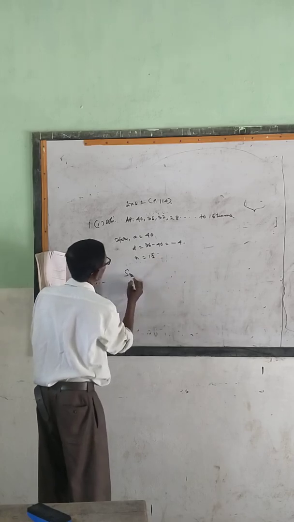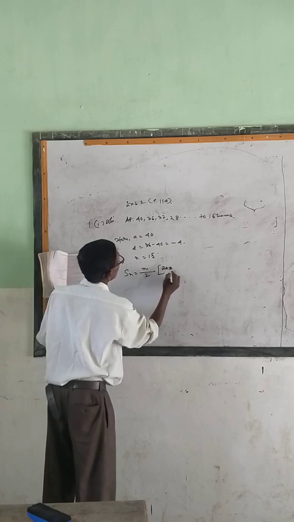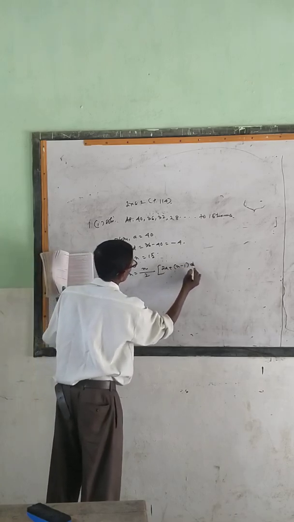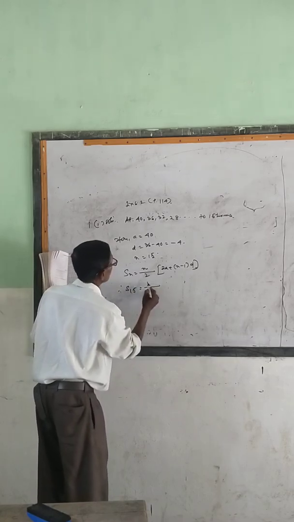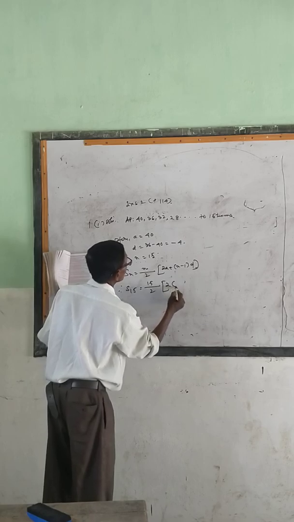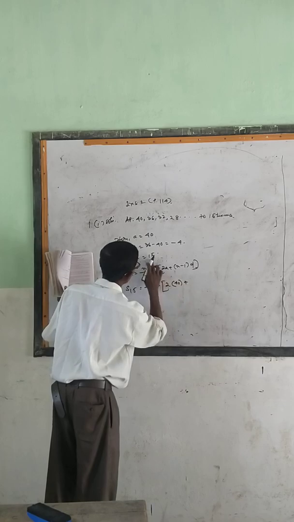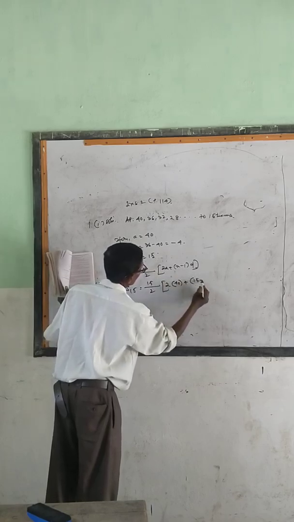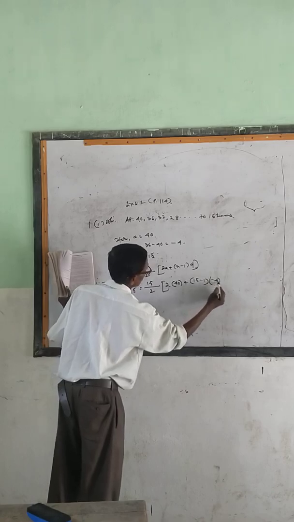We know that Sn equals n by 2 times (twice a plus (n - 1)d), just now established. So it is 15 by 2 times (twice a, which is 80, plus (15 - 1) times d, which is minus 4. Don't forget to keep this bracket.